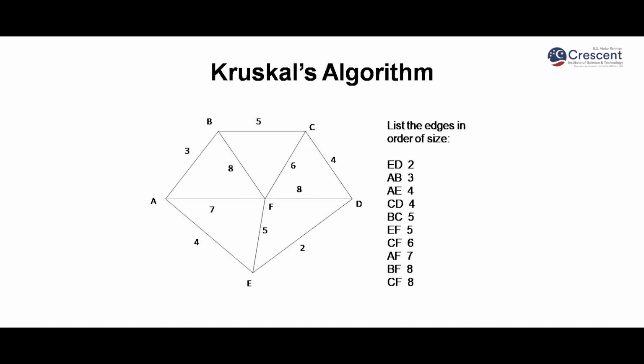Then we have AE with 4, also CD with 4, and then BC with 5. Then we have EF with 5, CF with 6, AF with 7, BF with 8, FD with 8. So according to the weight of the edges, we are sorting the edges. Based on that, we have to list out the edges. That is the first step we finished.